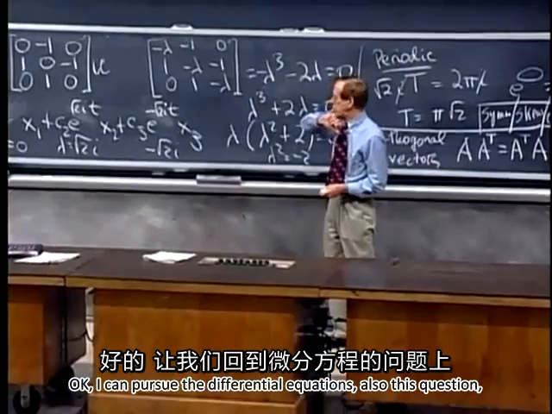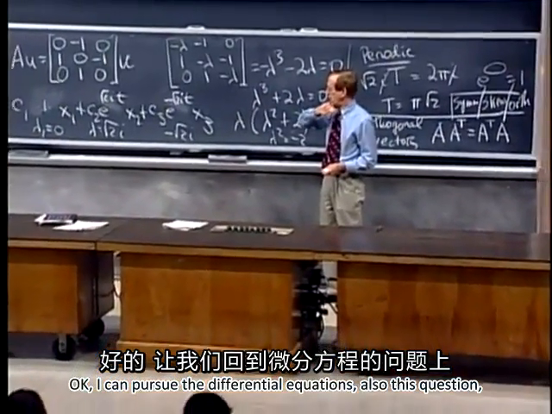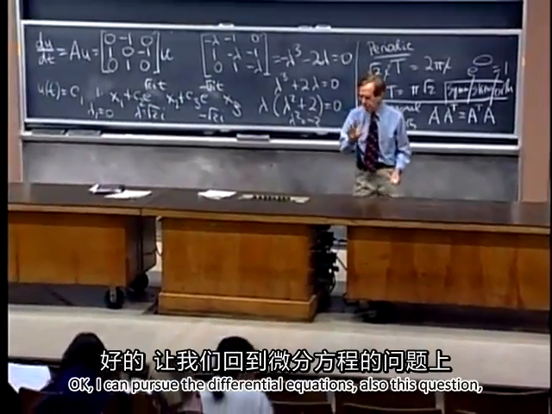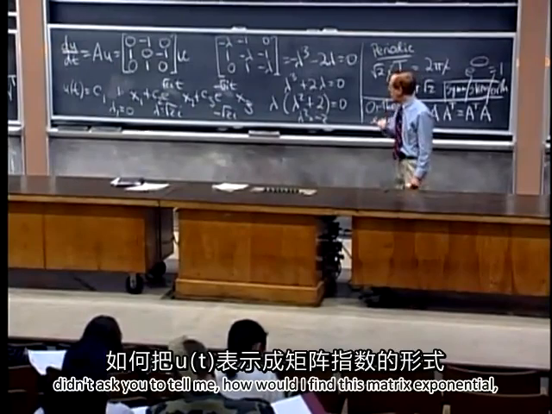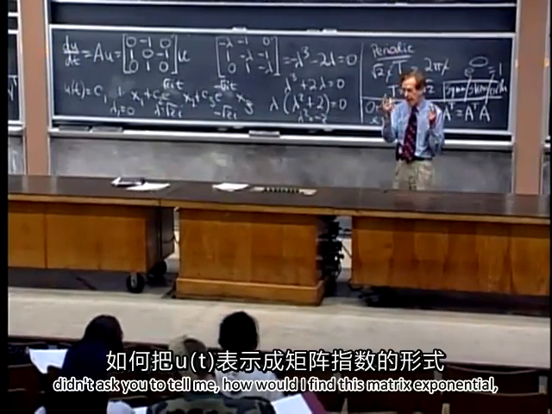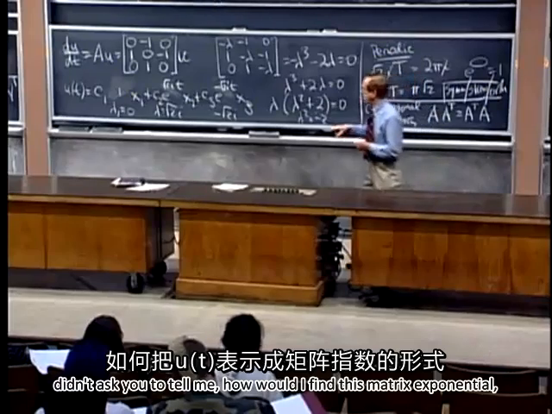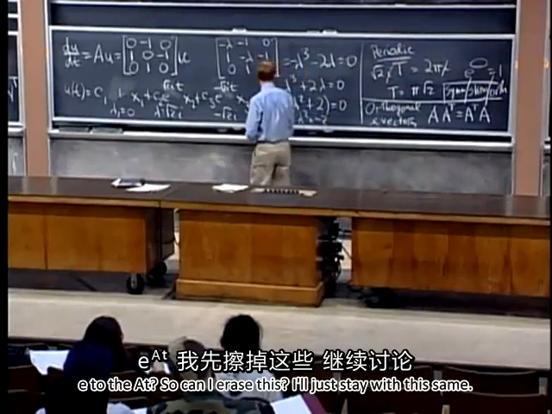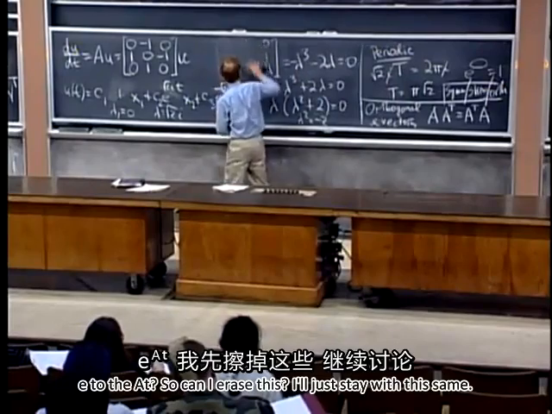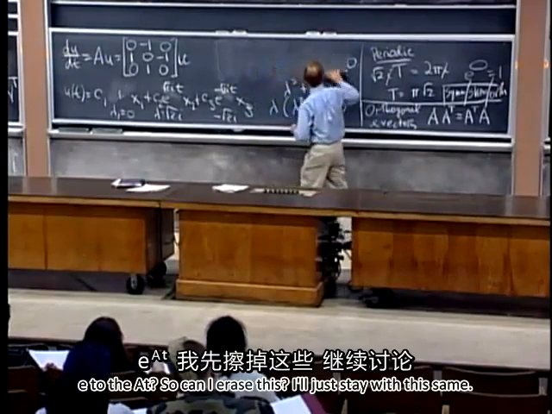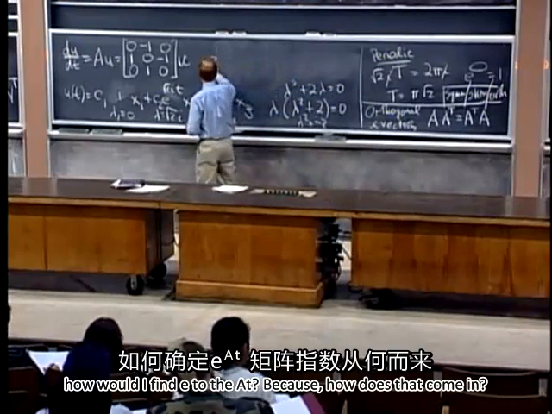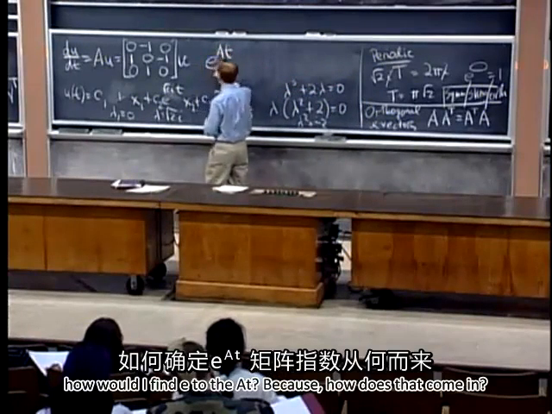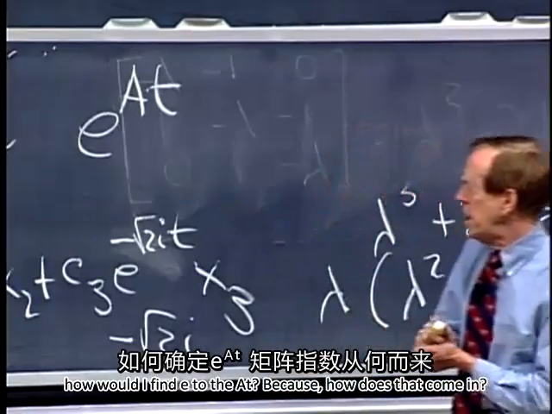I better pursue the differential equations, although this question didn't ask it, to ask you to tell me how would I find this matrix exponential, e to the At. So can I erase this? How would I find e to the At? Because how does that come in?